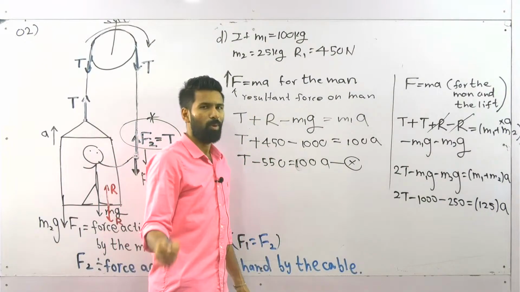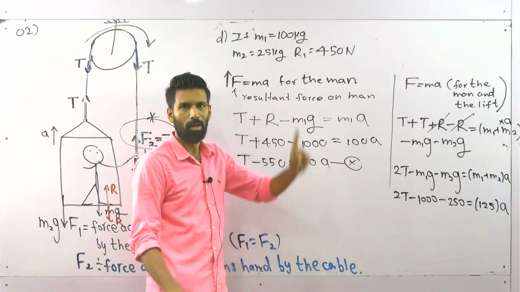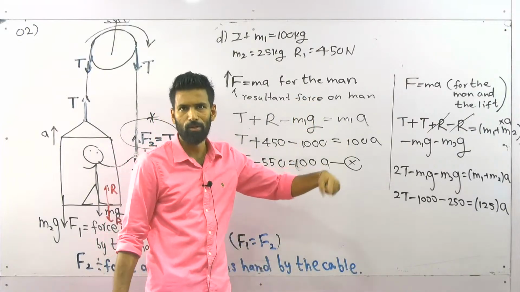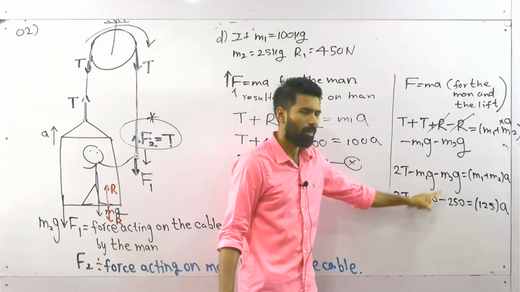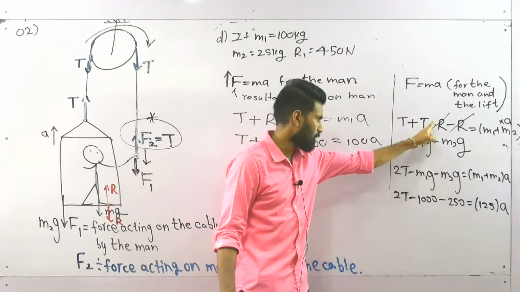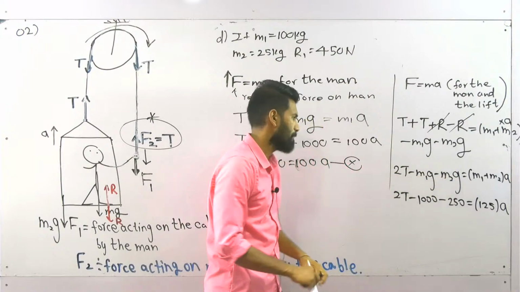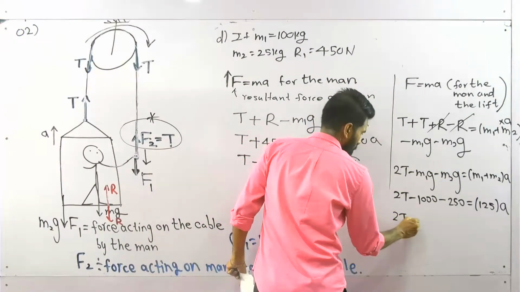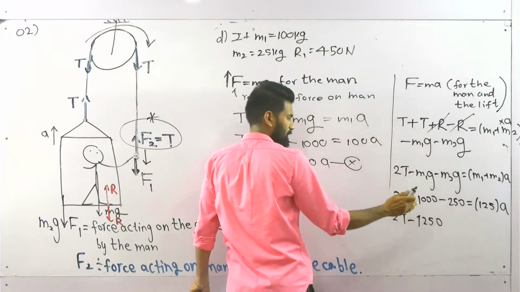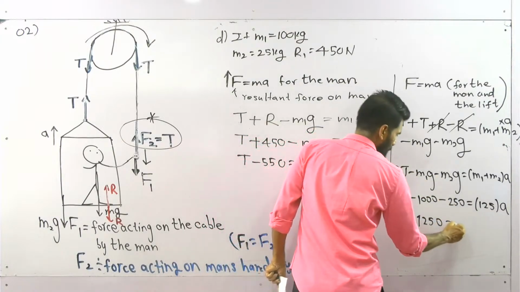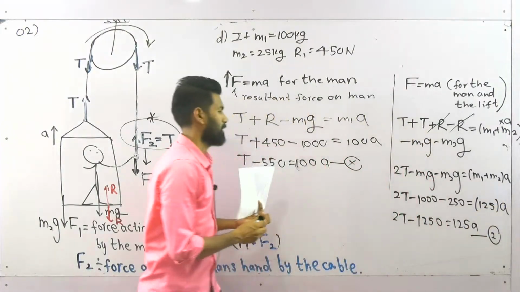Applying the equation for the man and cage both: 2 T's upward, 2 weights downward, the 2 R's are cancelling. 2T minus 1000 minus 250, the addition of the weights, equal to 125 into A. 2T minus 1250 is equal to 125A. It's the second equation, equation Y.